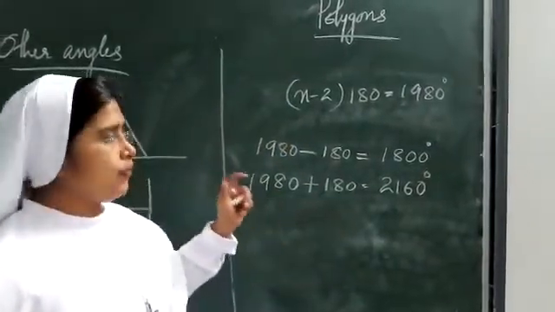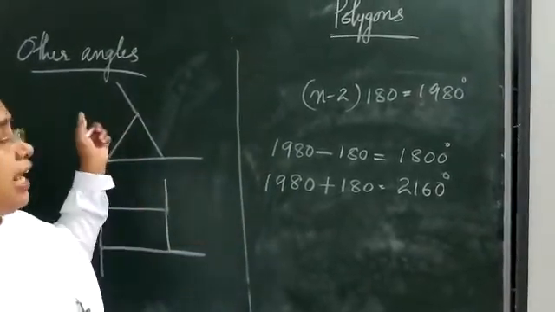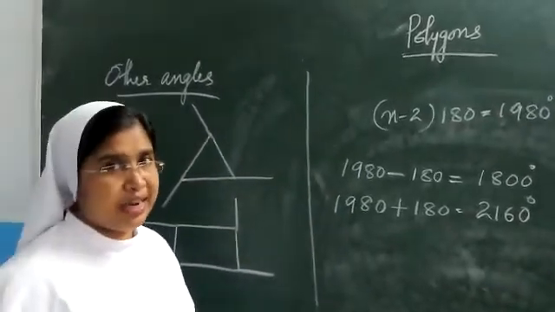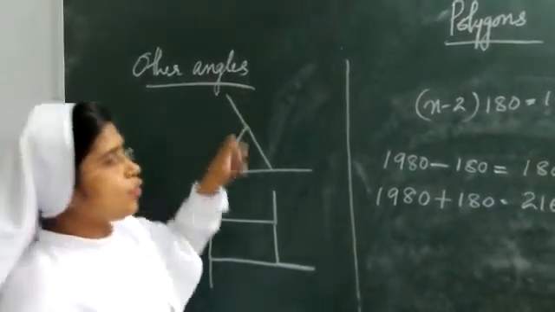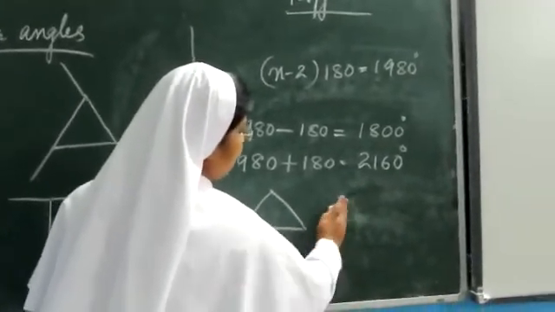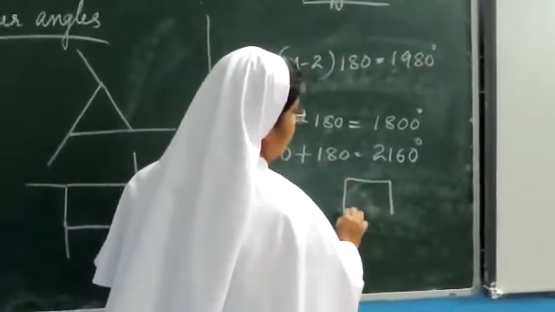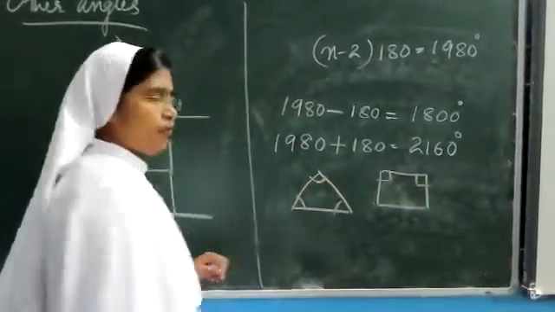I hope it is clear for the 5th question. Now that part is over. Now we are going to learn other angles, which means the outer angles. So far we were learning about the inside angles, and we were finding them out.